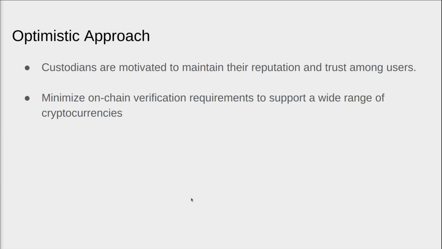This decision is primarily based on the assumption that custodians will maintain their reputation and refrain from engaging in malicious activities. For example, a malicious custodian could submit a proof of address ownership that has already been submitted in another custodian's contract.